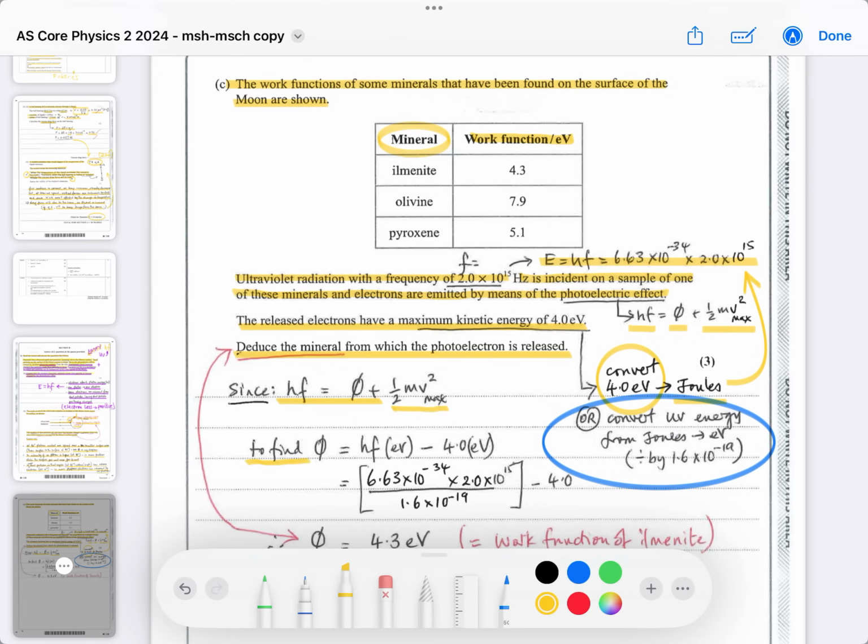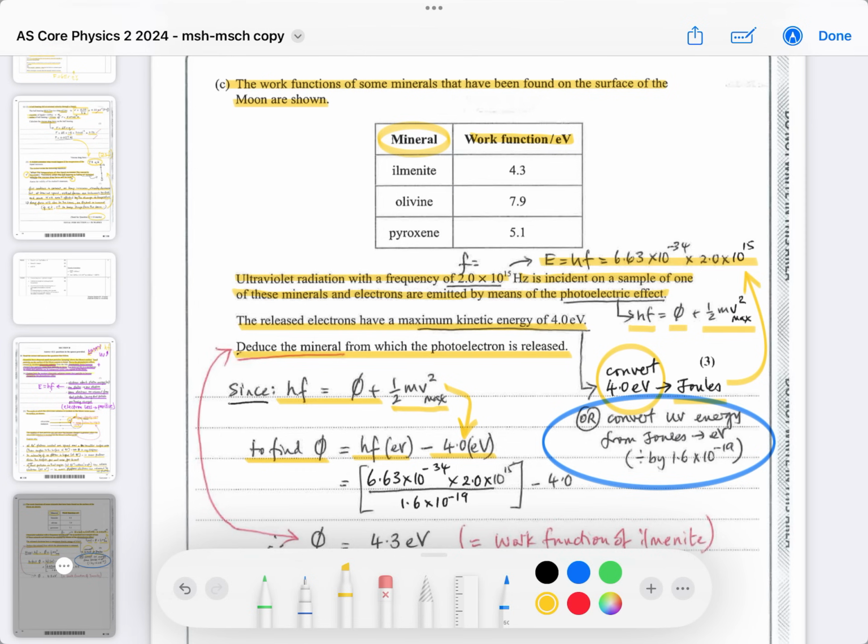So to find the work function, we know the photon energy, and it looks like I've done it in electron volts. So I'm keeping it in electron volts, which makes sense because the answers are in electron volts. And then you take away the 4.0 because that is the maximum kinetic energy.